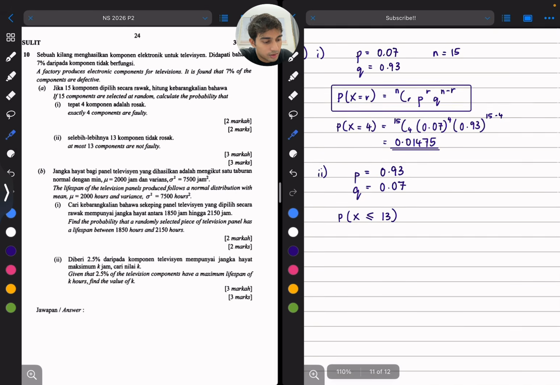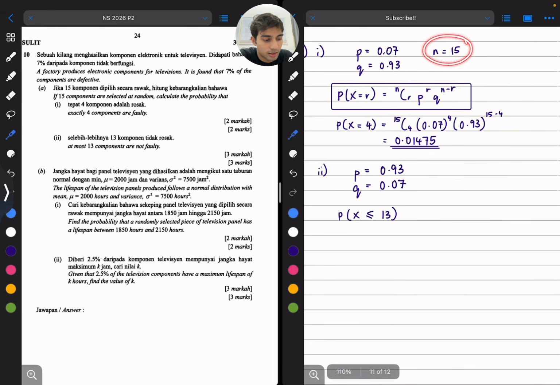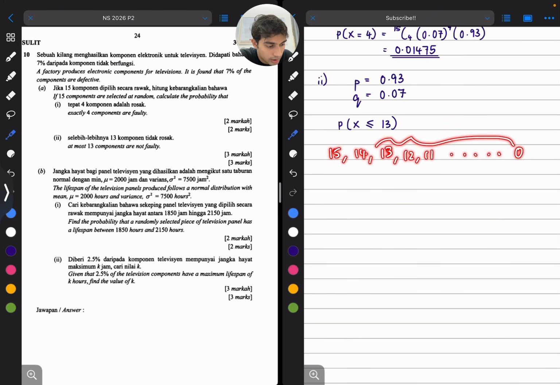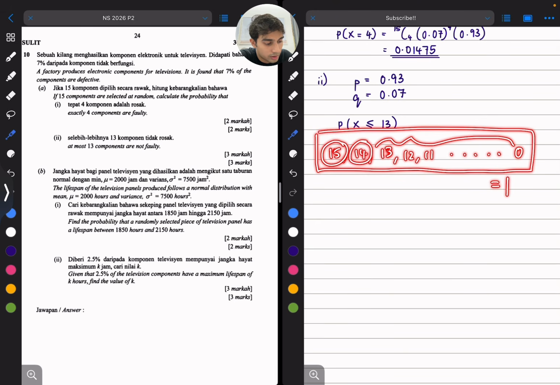Altogether we have 15 components to select, so our probabilities would be 15, 14, 13, 12, 11 until 0. If you want to find the probability from here to here, the easiest way would be the total probability minus these 2. The total probability is 1.